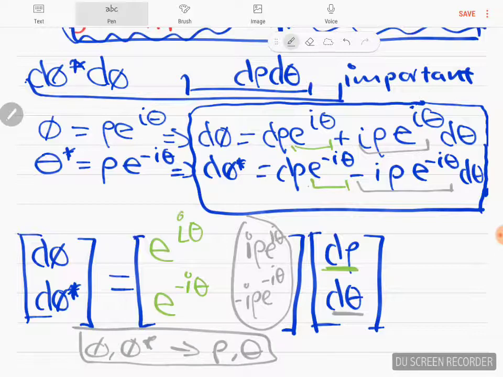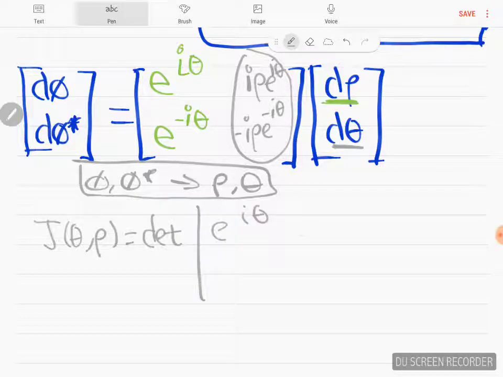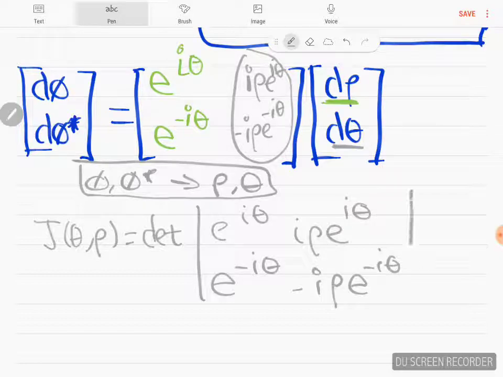Now, we want to know what's the Jacobian of this transformation. The Jacobian is equal to the determinant of e to the i theta, i rho e to the i theta, e to the minus i theta, and minus i rho e to the minus i theta.